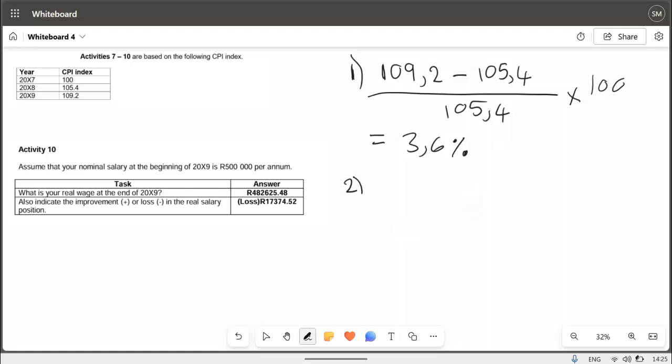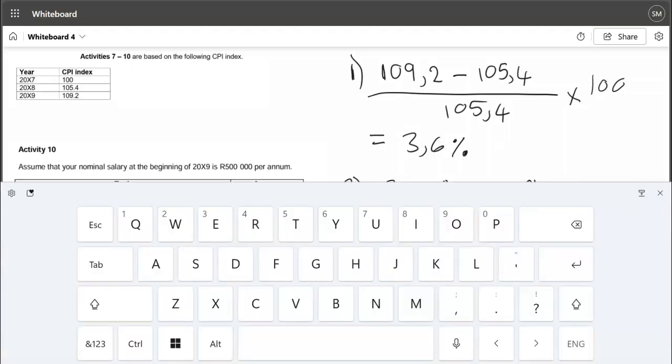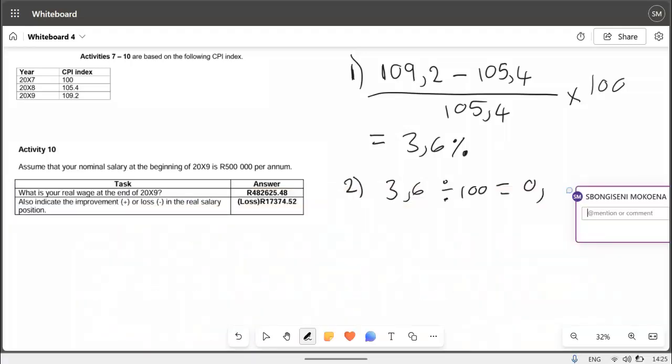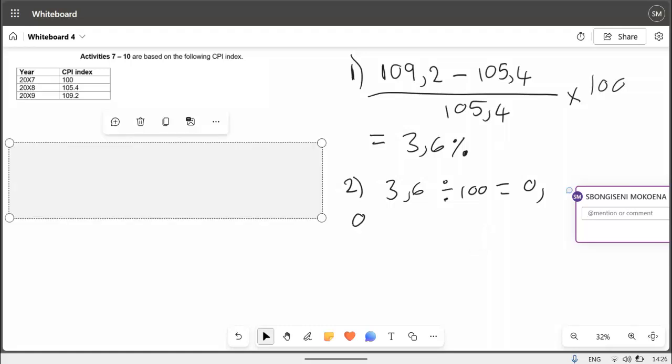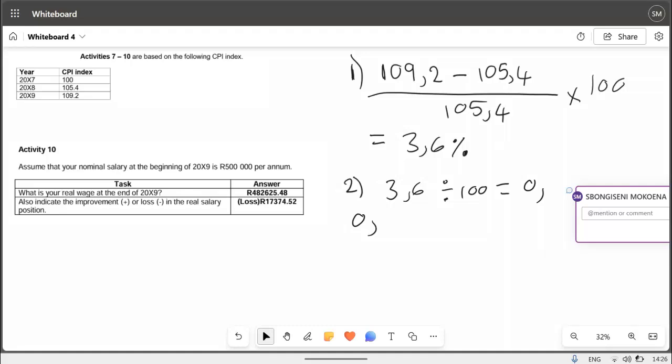So then we go to step number 2. Remember here we want to be working with decimals. So we will take our 3.6% divided by our 100, and we are supposed to get 0.036.